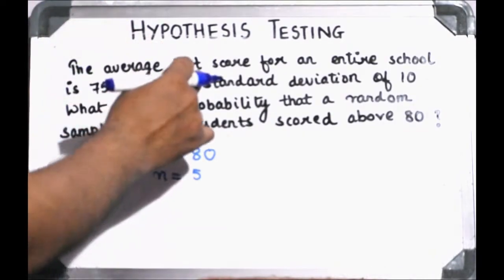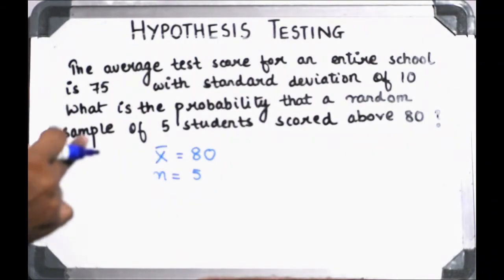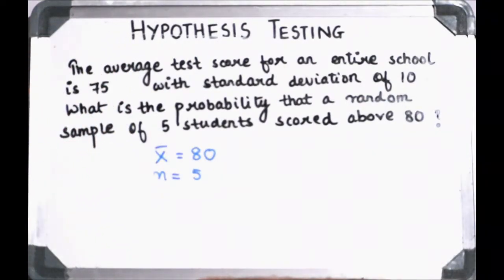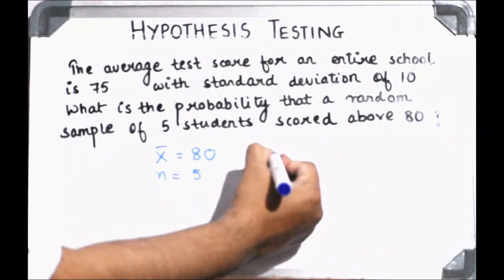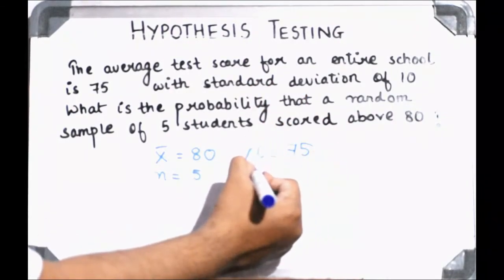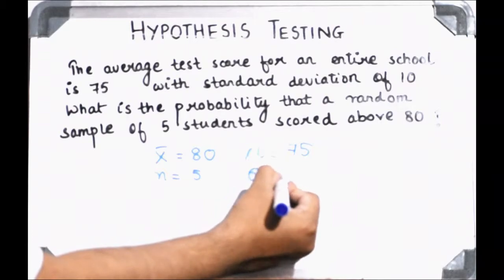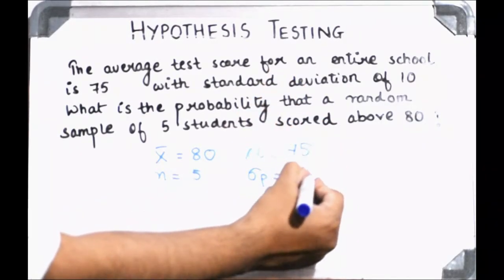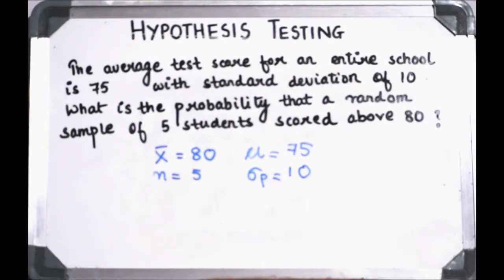Now the population standard deviation is given and the average marks of the entire population is also given. So this is the population mean, which is 75, and the standard deviation of the population is 10. These are the parameters that are present in our problem.